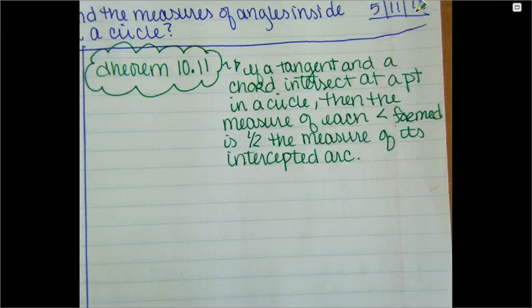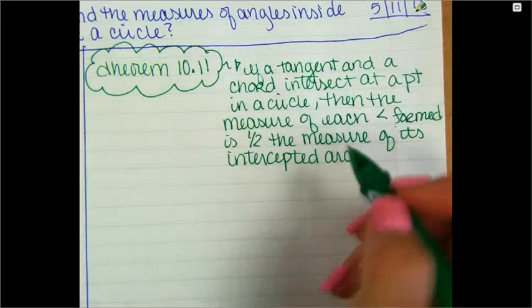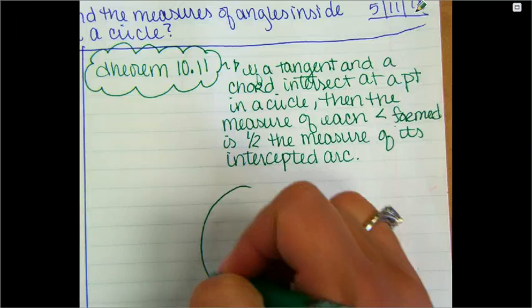If a tangent and a chord intersect at a point in a circle, then the measure of each angle formed is half the measure of its intercepted arc. Kind of sounds like inscribed angle, yes? Yeah, it should be.